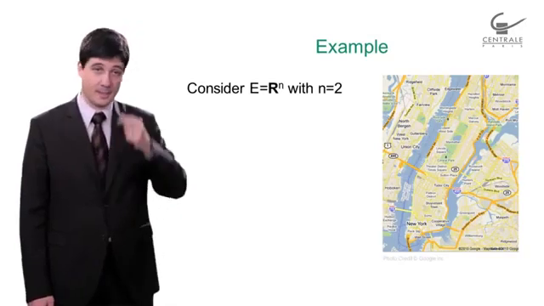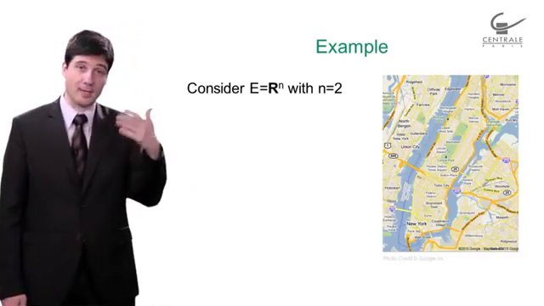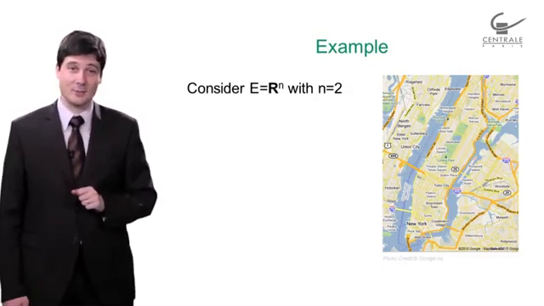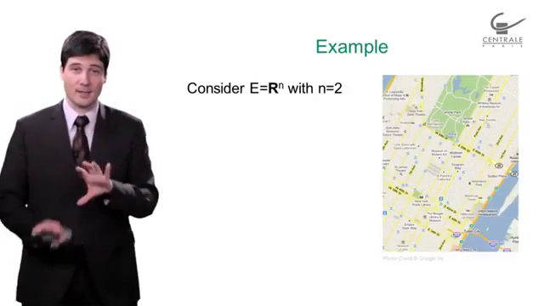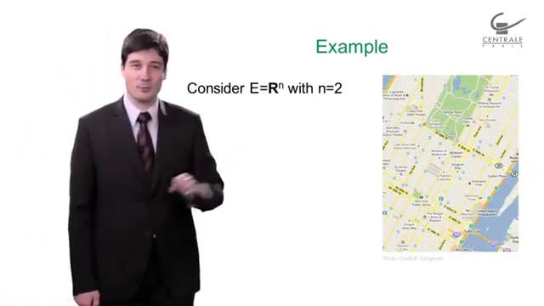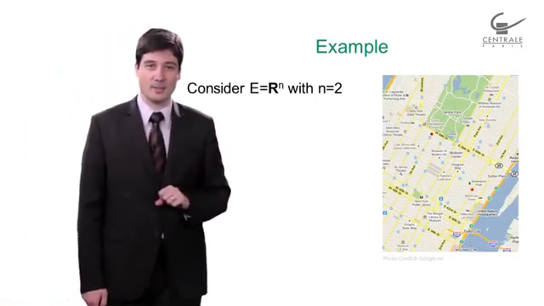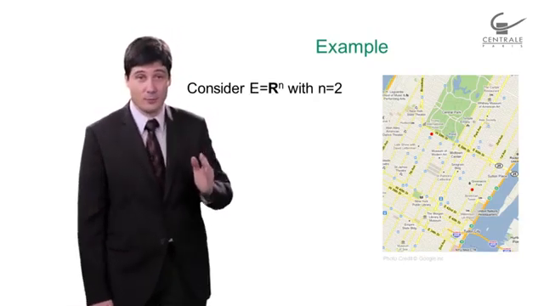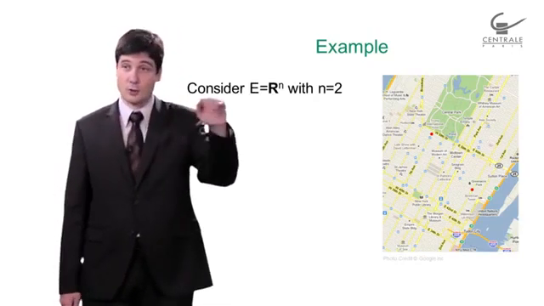Another example is in R2, with n equals 2, in the plane. This is Manhattan, and you can just zoom in on a place where Broadway is not nearby. Let's say you want to go from one point to another point in Manhattan. Obviously, you cannot go through the buildings, so you're going to have to go through the avenues and the streets.